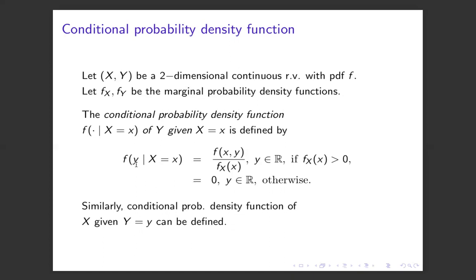So F at little y given capital X equal to small x is the joint density divided by the marginal density of x. The joint density at x, y given the marginal density of x at the point little x. And this is at every y in the real line, provided the denominator is strictly positive. It is defined to be 0 if this happens to be 0.